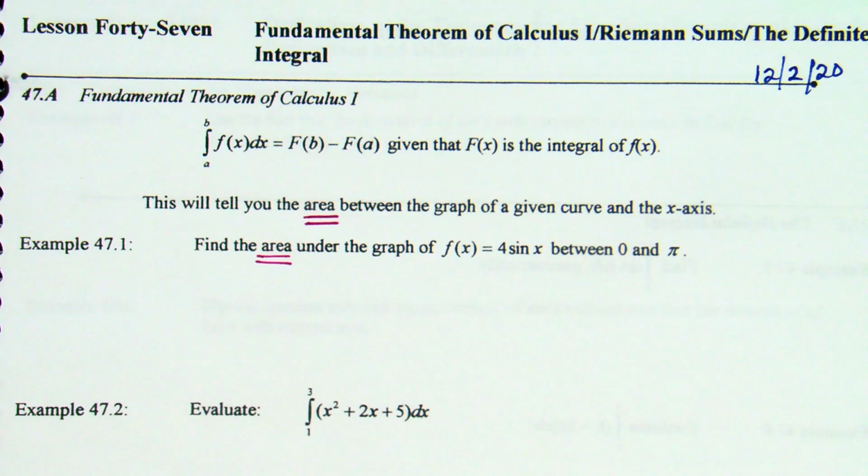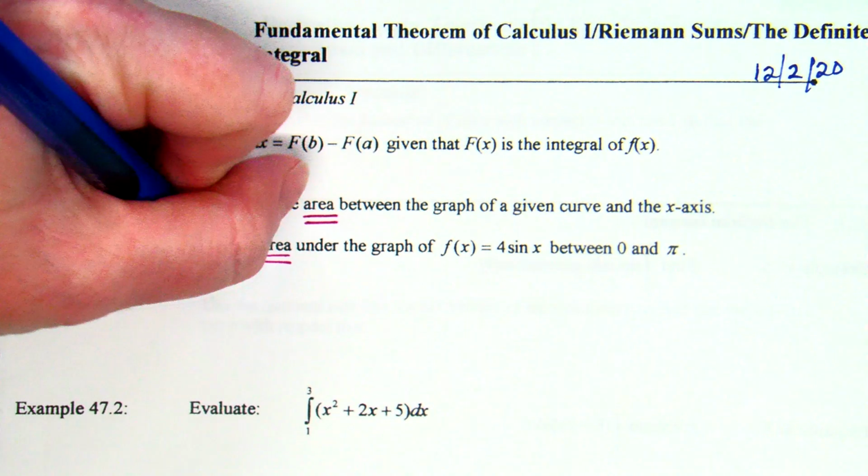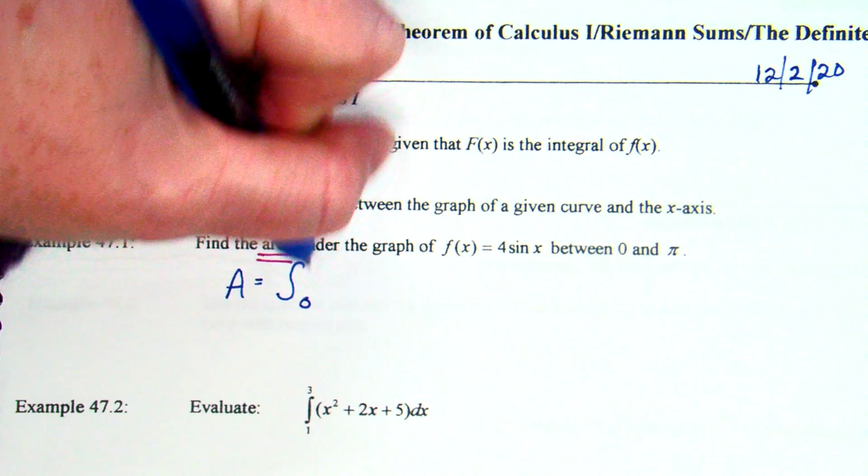Now, in order to find the area under that, area is integral. So we're going to set up the integral here. It's the integral from, what are the boundaries they're giving me? 0 to pi. Traditionally, your smaller boundary goes on bottom.